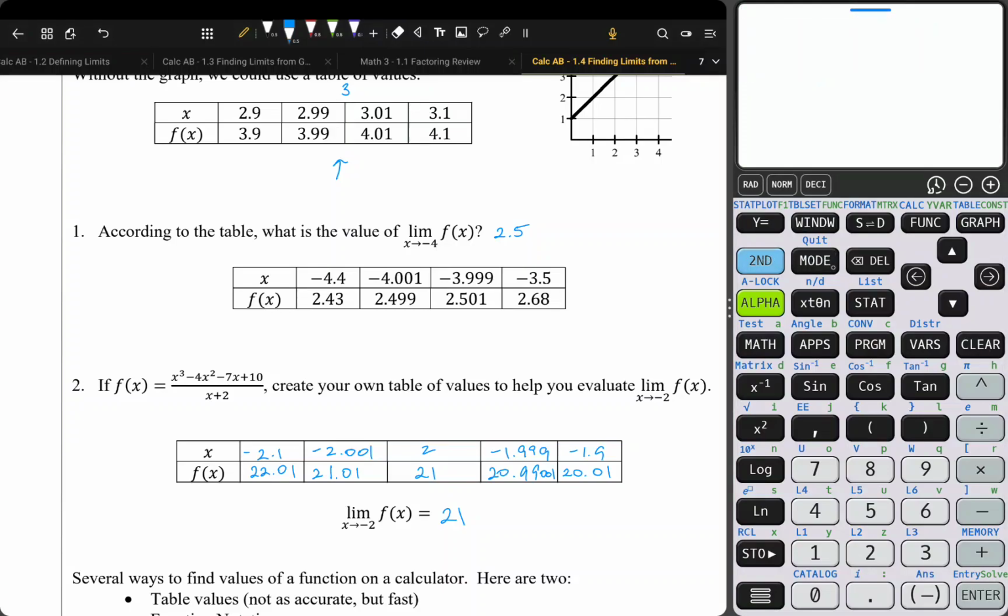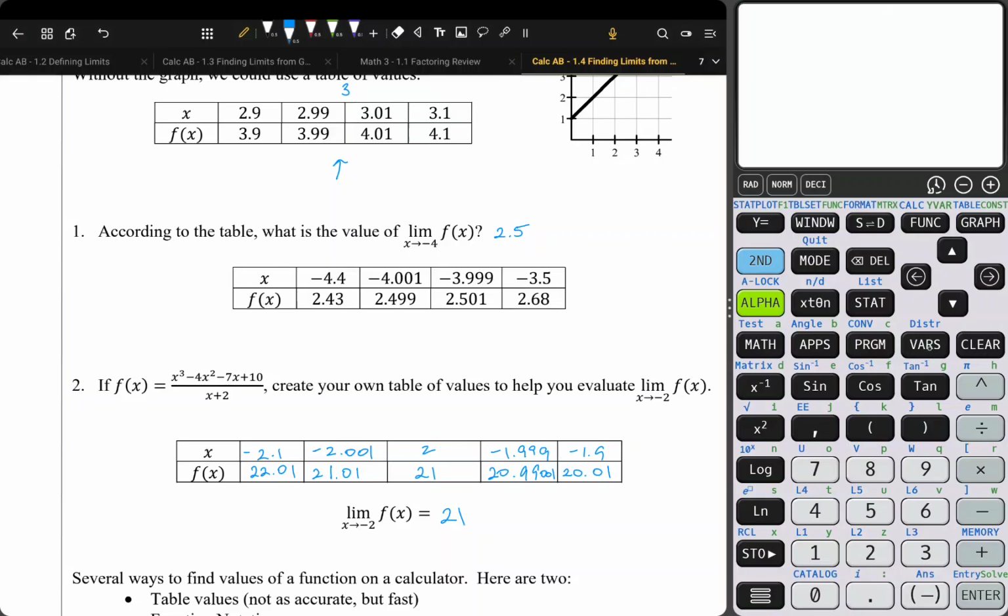Okay, so let's go ahead, go to quit. Second mode takes you out of the window. You can quit. Now, as long as you put the equation in y equals, I think for you guys it might be under y1, but for me it's under y0. Okay? We can evaluate for specific values.